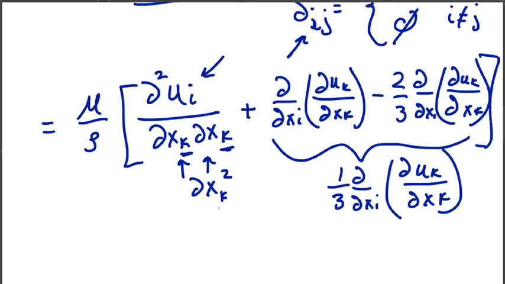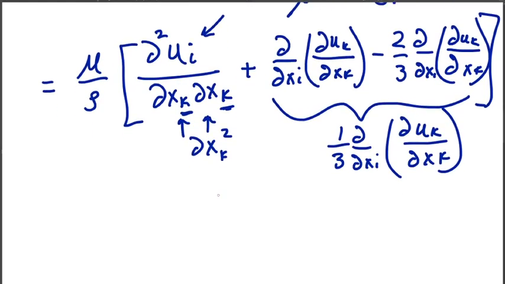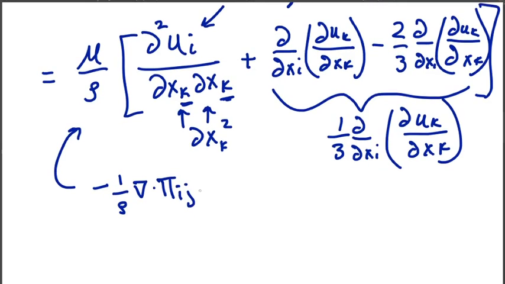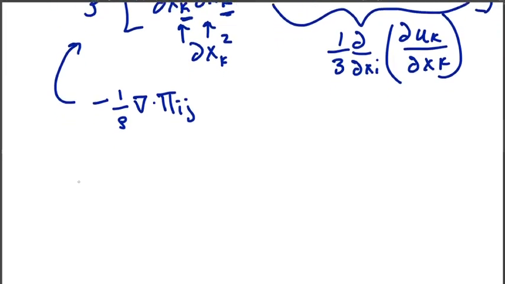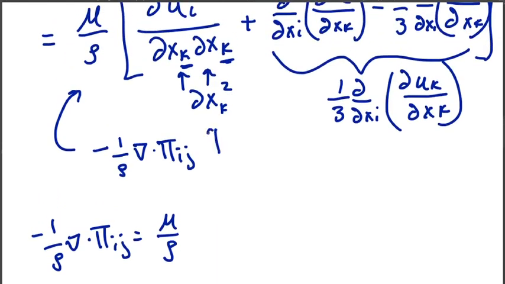Okay. Well, this is nice. Let's write this now in vector form. So the Einstein notation has brought us to a correct expression for this quantity, minus 1 over rho div on pi ij. That's equal to all of this. But what's this equal to in a vector form, which can sometimes give us more intuition? Well, this minus 1 over rho div on pi ij is equal to mu over rho, and we have our second derivative term here.